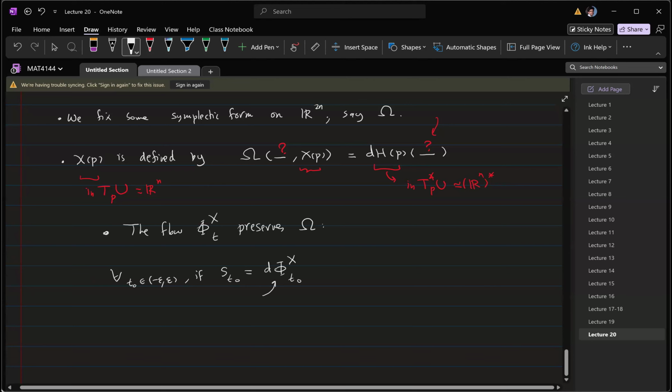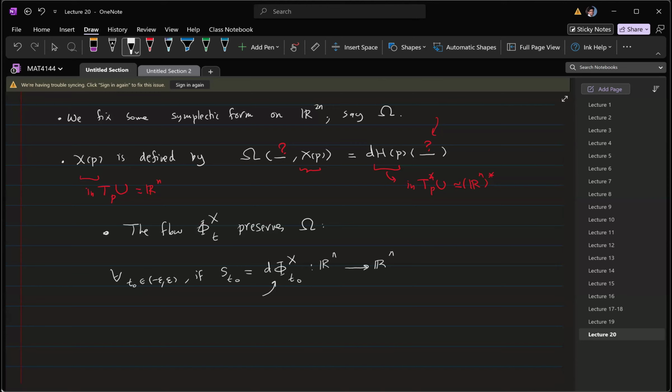This gives me a linear transformation from R^2n to R^2n, and the flow is reversible, which means the derivative is an invertible linear transformation.